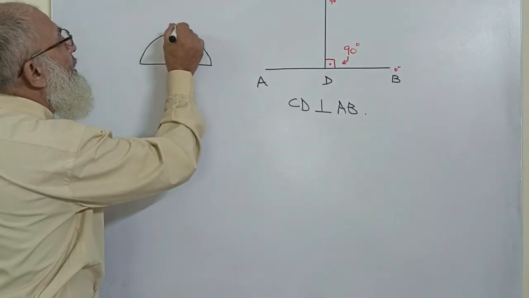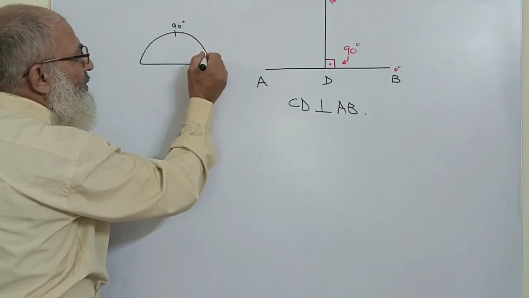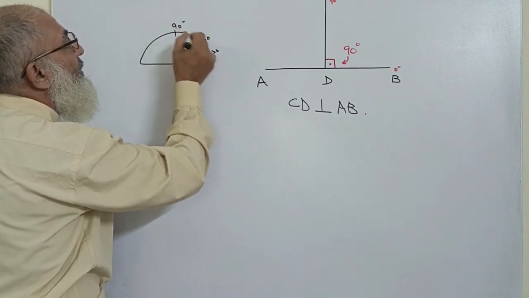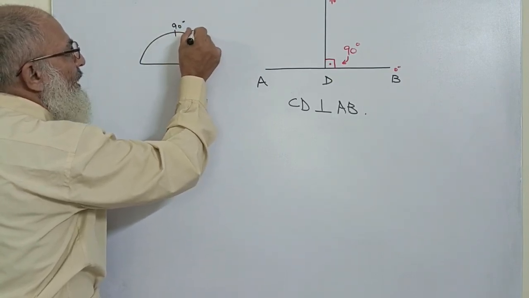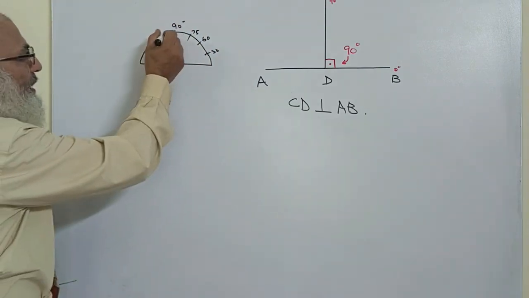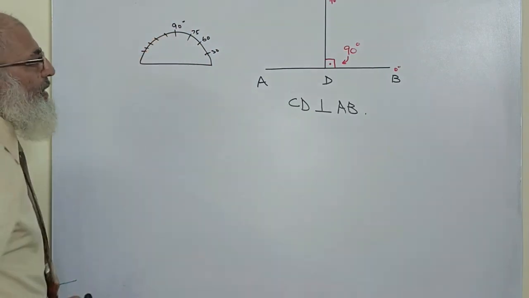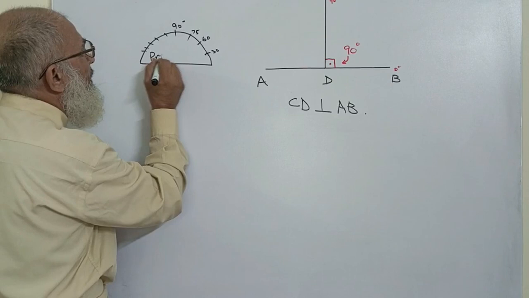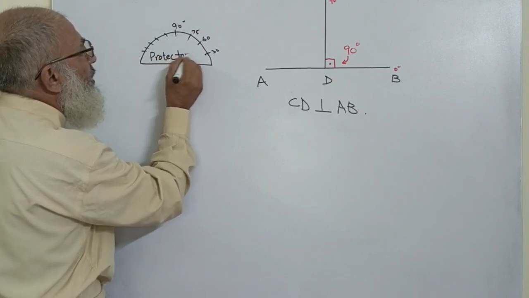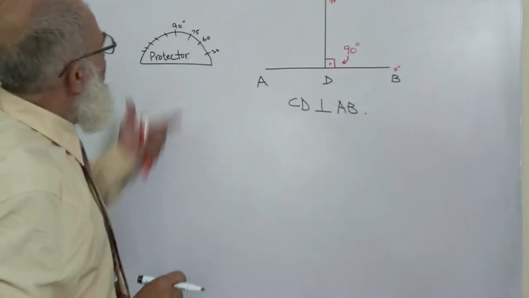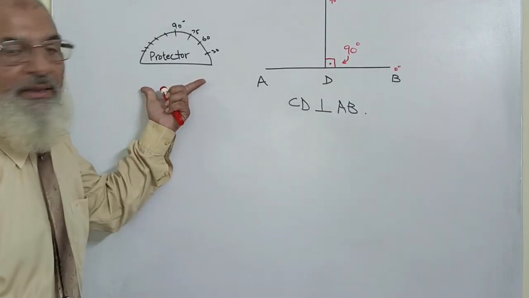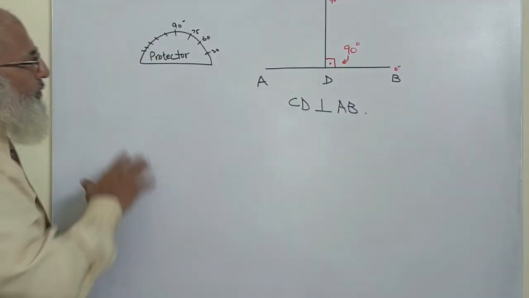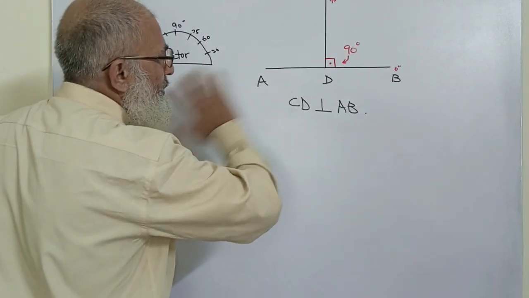It is here 90-degree, and somewhere it is here 30-degree, 60-degree, and then it is 75, and ahead of this there is a scale which is called protector. It is the device to measure the angle.